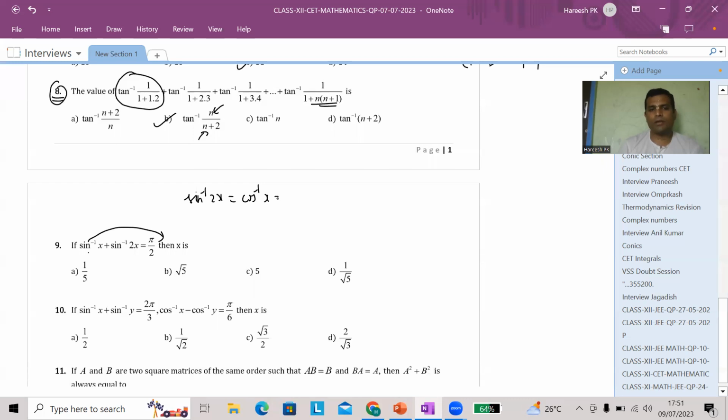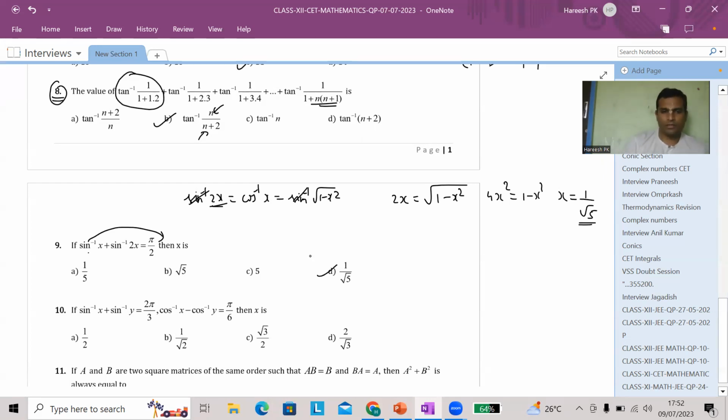But I can always write cos inverse x as sine inverse root 1 minus x square. So now the sine inverse terms get cancelled, and you'll end up getting 2x is equal to root 1 minus x square. When you square on both sides, you'll get 4x square is 1 minus x square. So x will be 1 by root 5. So that's a direct answer.